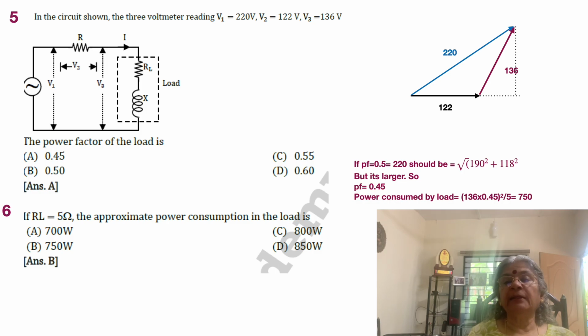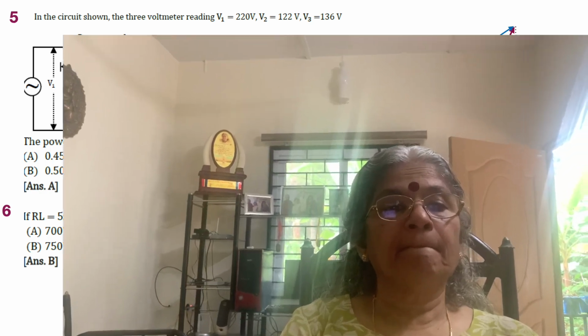Then square it and divide by the resistance value 5, that will give you the power consumed, V square by R. Since they happen to be in series, we have divided the voltage such that a portion of it comes across R. So that's all. Moving on to the next problem.